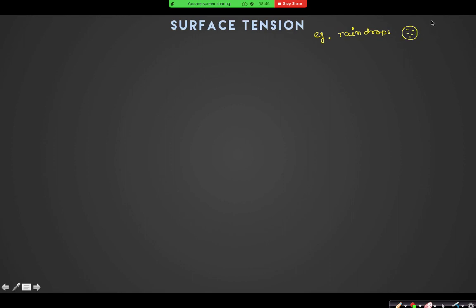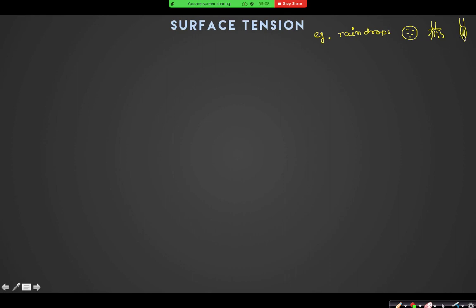If you have a paintbrush and if you dip this paintbrush inside the liquid, you will find that the bristles are moving like this. As soon as you take it outside, you will find that the bristles are coming close to each other and they will stick together. Why are they sticking together?